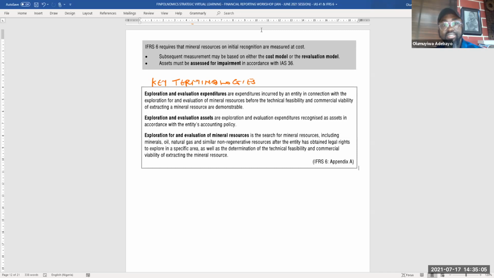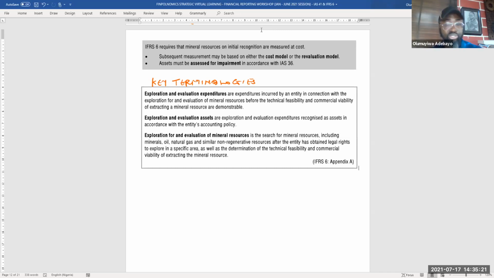Now, you've seen that the following terms are key for understanding exploration and evaluation expenditure, which you now see the expenditure we are talking about.